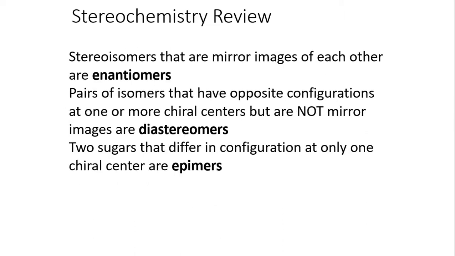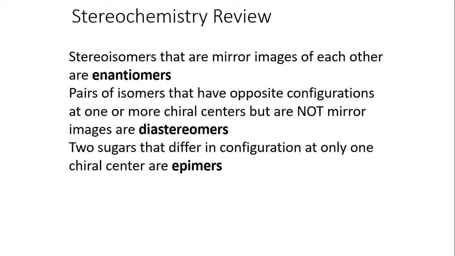So a little review of stereochemistry, and we'll do more of this when we actually start drawing these together shortly. Stereoisomers are going to have the same molecular formula. They'll be mirror images of each other, and we call those enantiomers.